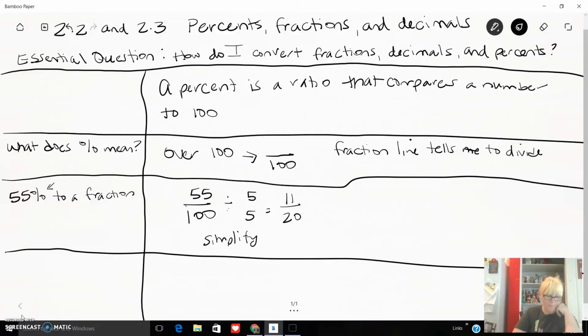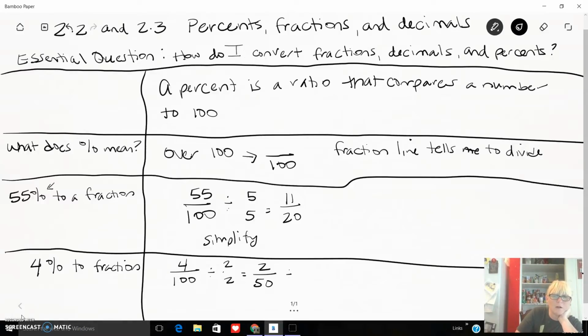All right, let's try one more. How about 4%? If I have 4%, the percent sign tells me to put that over 100. Okay, and then I can make that a smaller fraction by dividing by 2. So 4 divided by 2 is 2. 100 divided by 2 is 50.